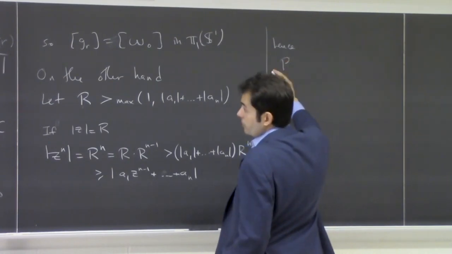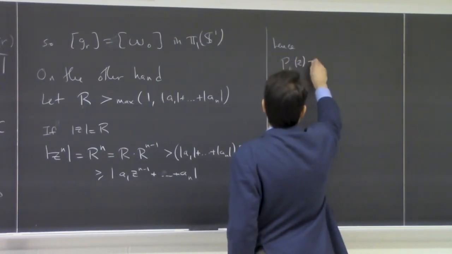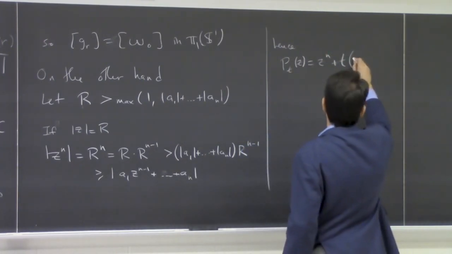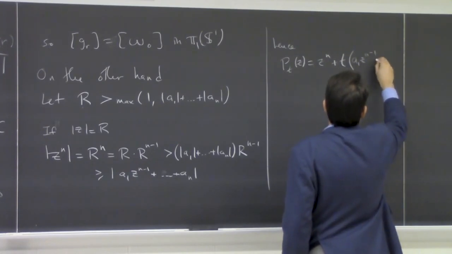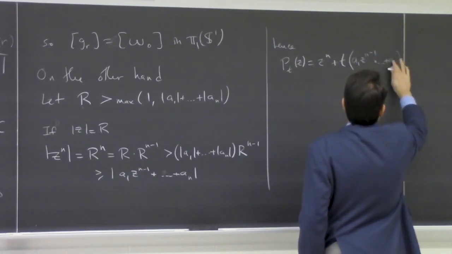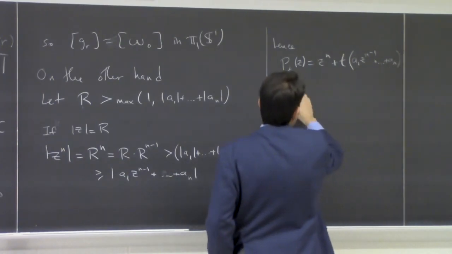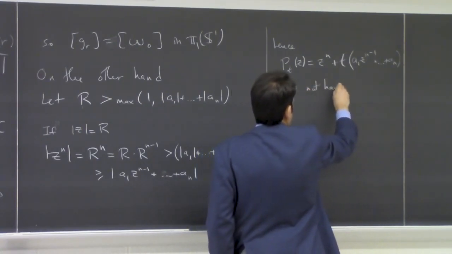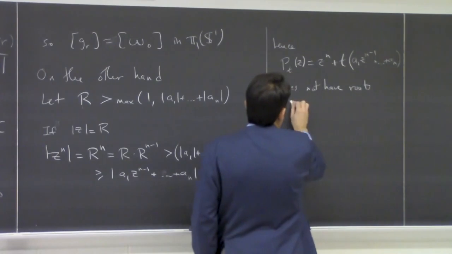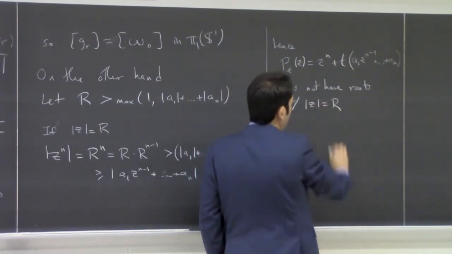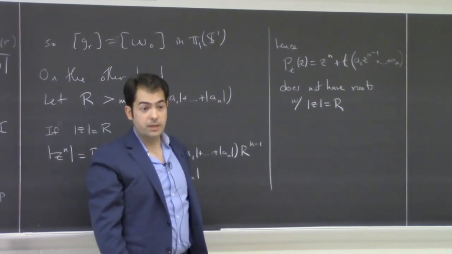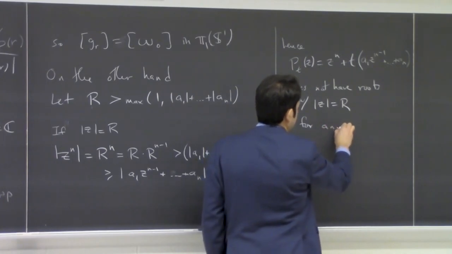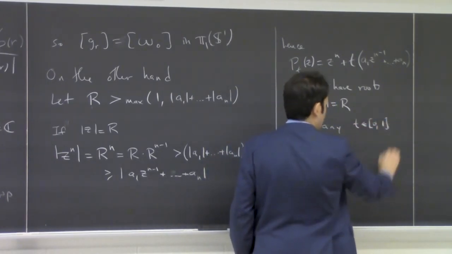Okay, so that tells us that if you were to modify these polynomials by putting a t in front of all of the lower order terms, then this does not have roots with modulus equal to capital R. Right? Okay, for any t in [0, 1].